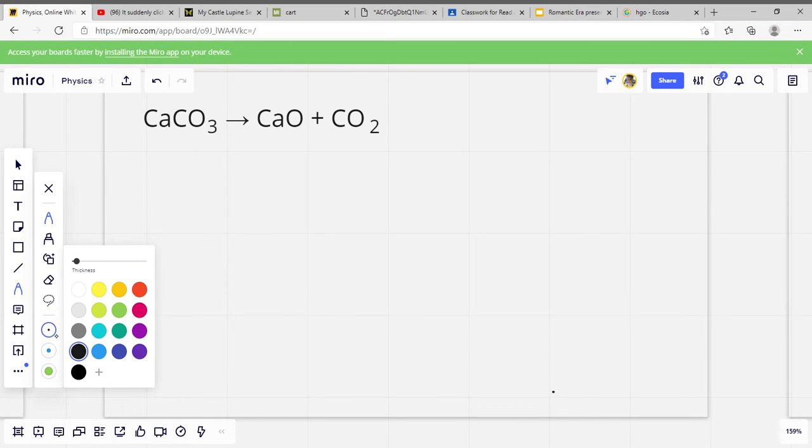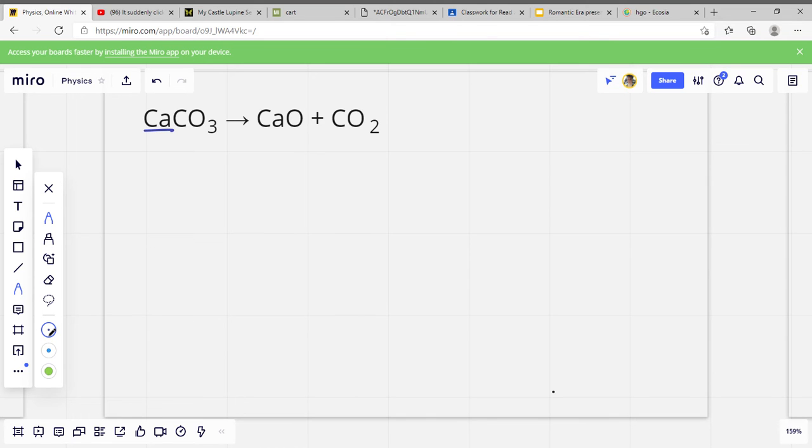All right, so this one is Ca. I like using blue for oxygen for some reason. We're going to go Ca as purple. What is Ca? Let's find out.